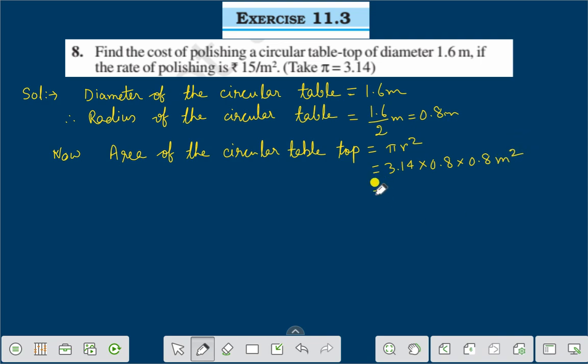If we multiply this one, that 3.14 into 8 is 64, that is 0.64. So that is 3.14 into 0.64. Let us multiply this one, that is 3.14 multiplied by 0.64.